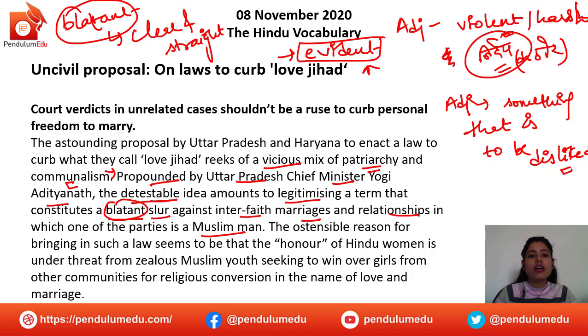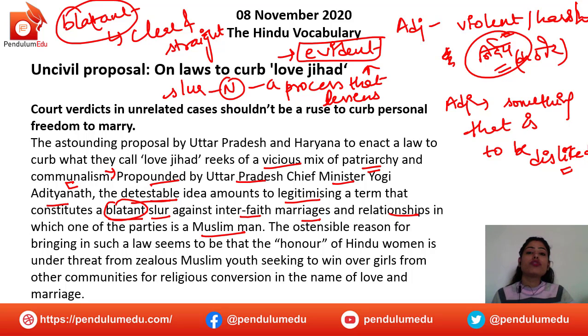Now, slur is a noun which means a process that lessens, that mitigates something. Mitigate is another word, but I won't use it here, so I would just tell you that mitigate means to decrease or to lessen something, to reduce something. So slur is the process that lessens the impact of something.